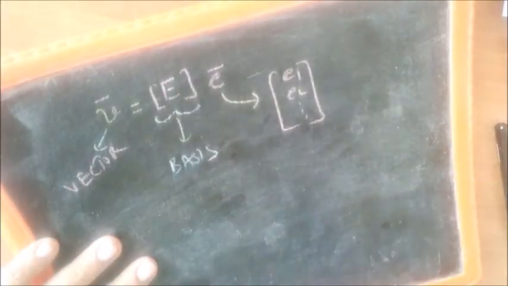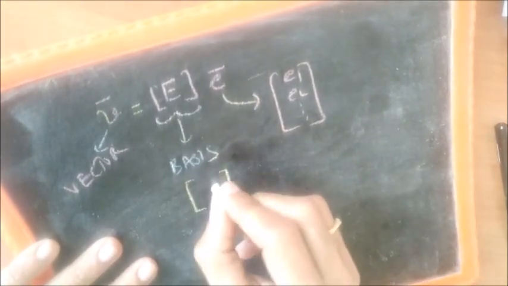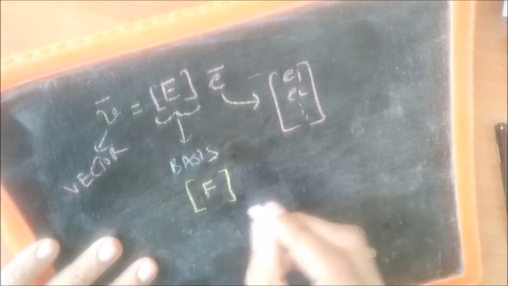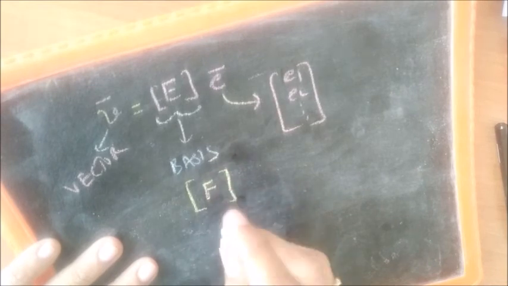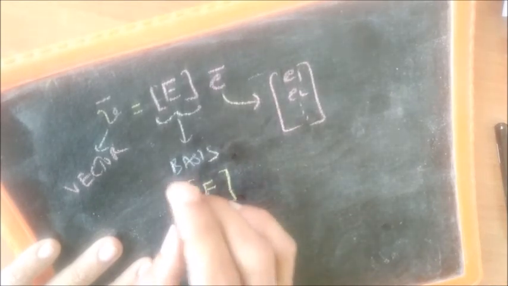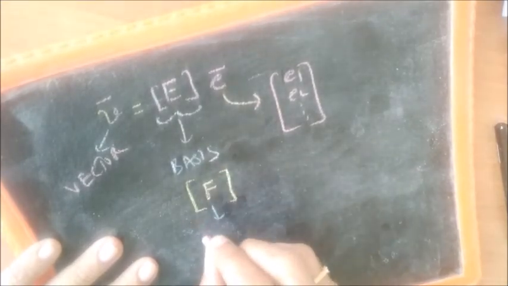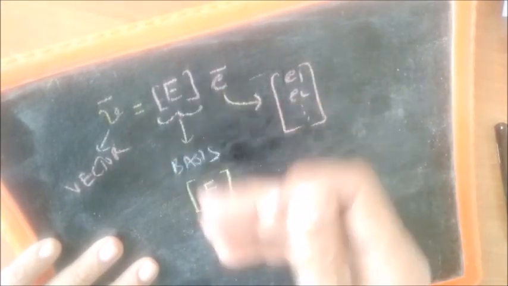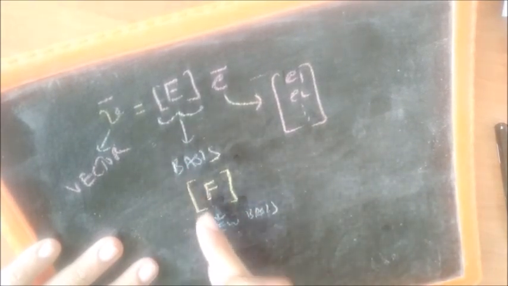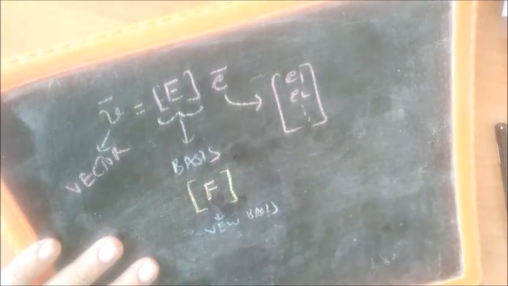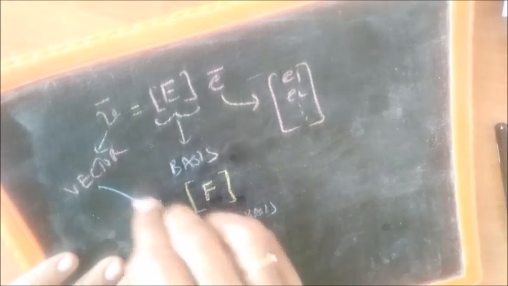Now, let's say we have changed the basis to F, in the sense we have put together the new basis vectors and formed the matrix F. If I call the first one the first basis, this is the new basis, with the new basis vectors stacked like this in the matrix F. So the vector does not change.